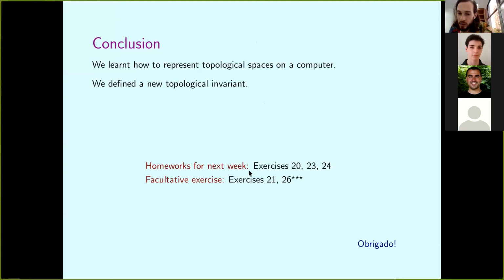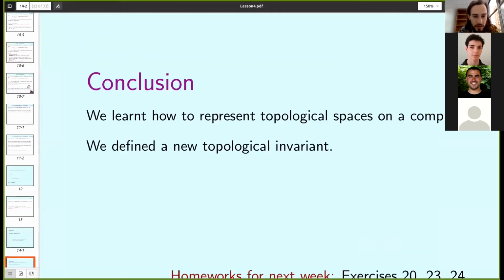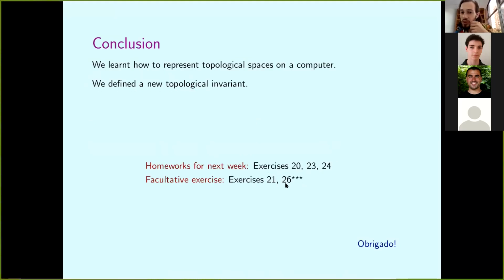So for the next week, I'd like you to do exercises 20, 23, and 24. Oh, we have already corrected 23 and 24. So have a look at 25 and 26, and we will correct those. 26 is a much harder exercise than the others. And that's it. Thank you very much, everyone.